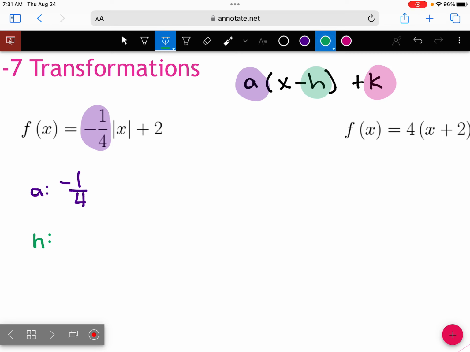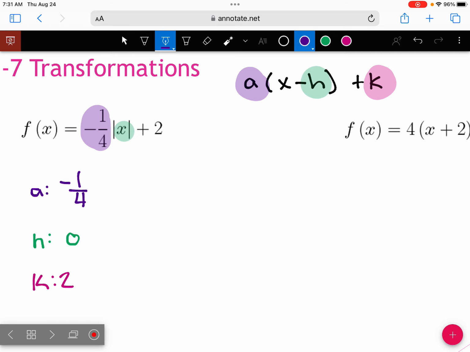Good catch. There's nothing being added or subtracted in there. So my H, I don't have one. H is 0. How about K? 2.